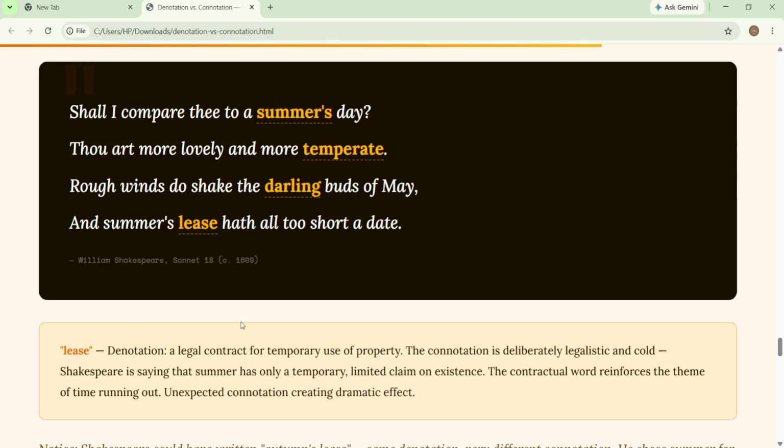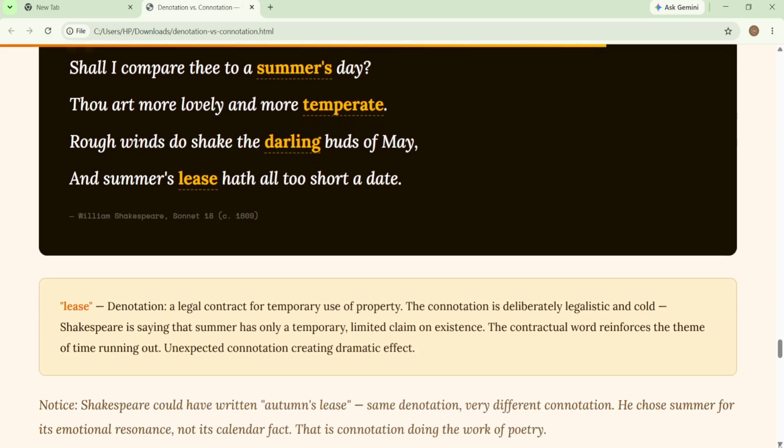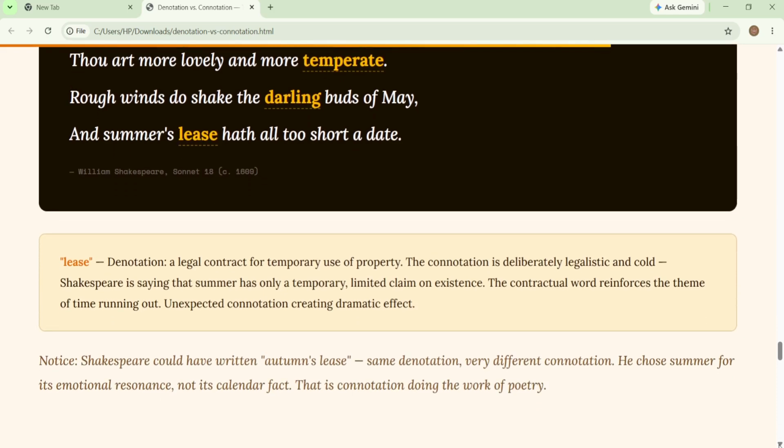The contractual word reinforces the theme of time running out, an unexpected connotation, creating dramatic effect. So that's how meanings are looked at in literary works, both at their denotation and how they're used in connotative context to broaden the horizon of a word and present it more beautifully.